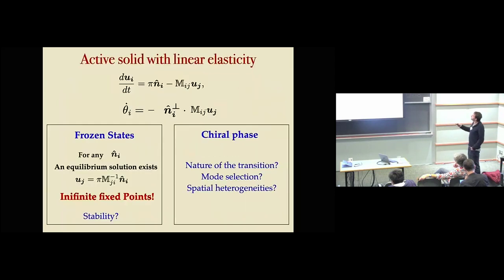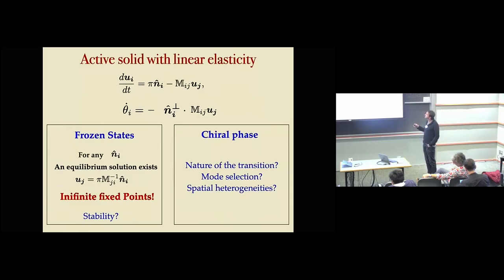So to do this, now we write the equation using linear elasticity in terms of this dynamical matrix. There are two different regimes that we want to discuss. Discuss first the frozen state. There is the regime where the hexbug seems to be frozen. Well, there is some small noise, but it's frozen.